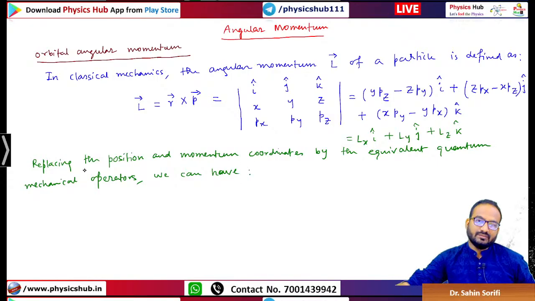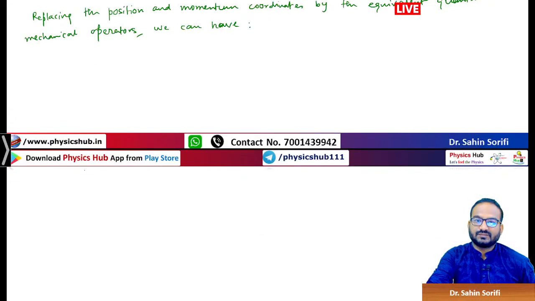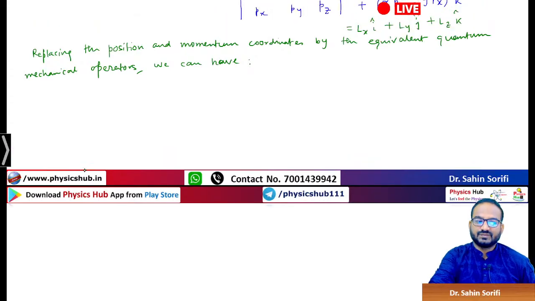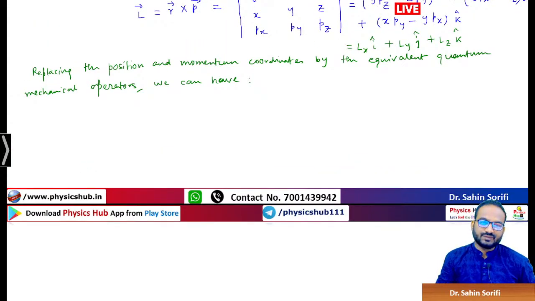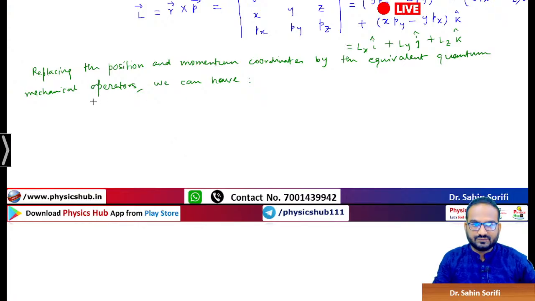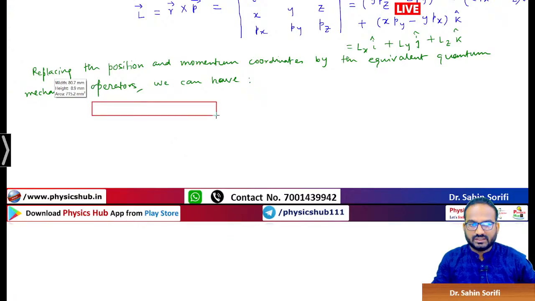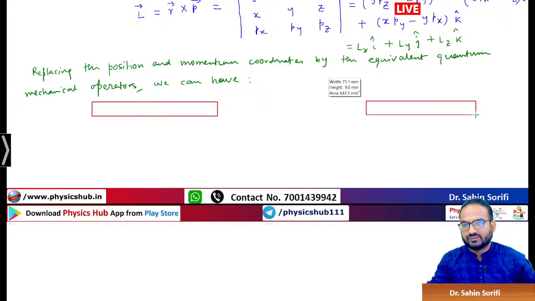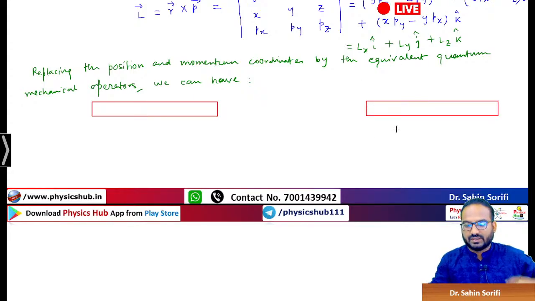Let's say I am writing in two sets of coordinates. We require Cartesian coordinates and we also require spherical polar coordinates. So we are writing the two coordinates side by side. Firstly, we will write in terms of the Cartesian coordinates, then in terms of the spherical polar coordinates.